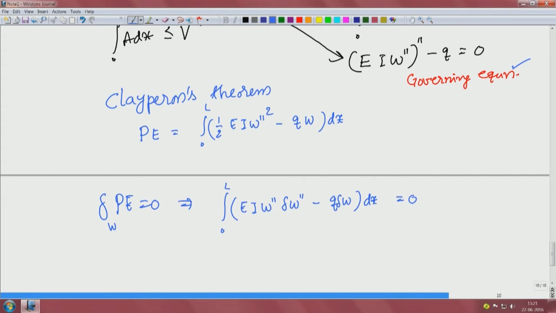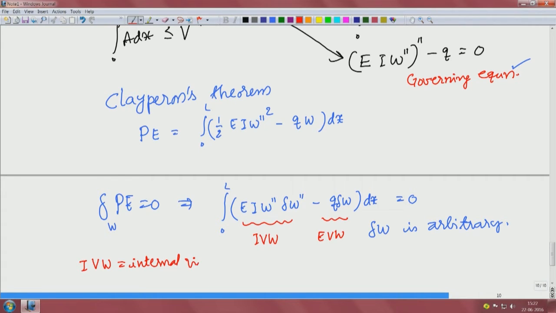Okay. So, now if you look at this problem here, this delta W is our variation, is arbitrary. Okay, that is like virtual displacement. This is the statement of principle of virtual work. This portion is internal virtual work, this is external virtual work. So, again what is IVW? That is internal virtual work, EVW is external virtual work.